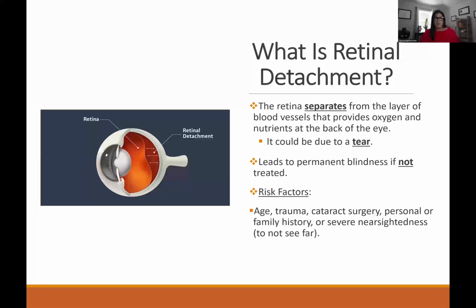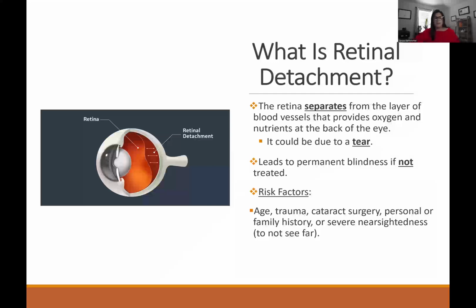The risk factors are cataract surgery, nearsightedness, so people that cannot see from far have a high risk. Also age, trauma, or family history. You diagnose it the same way. You can do acuity tests, a vision test, and visit your ophthalmologist.